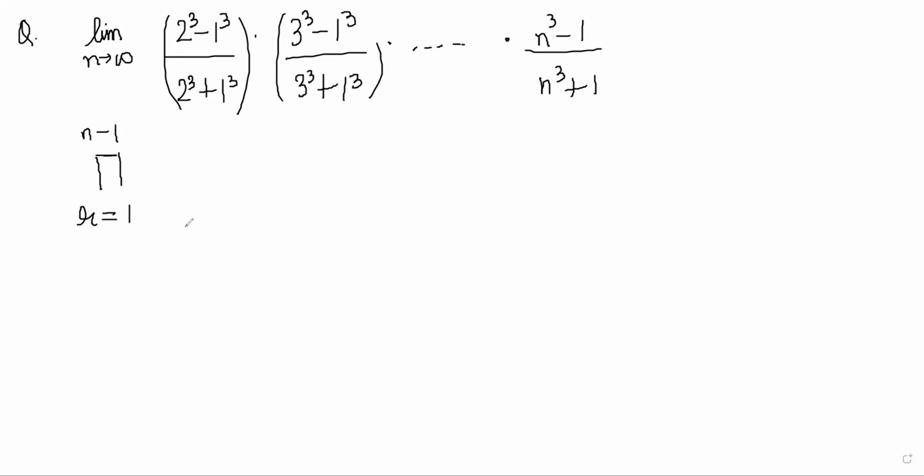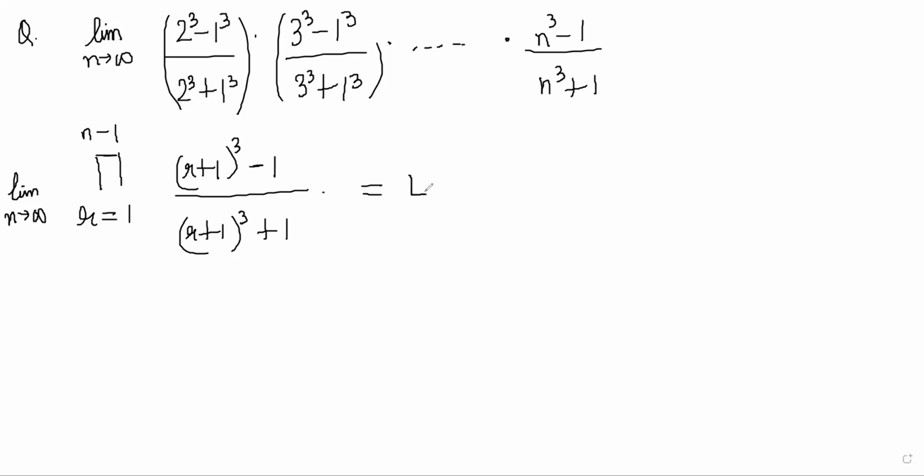And each term is basically fitting the pattern of (r plus 1) whole cube minus 1 by (r plus 1) whole cube plus 1, right? See, this is a product. So the first term, when you put r as 1, you'll get this, then the second term, you'll get this one and so on until n minus 1. So you have to do limit of n tends to infinity of this thing. Let that limit be L.